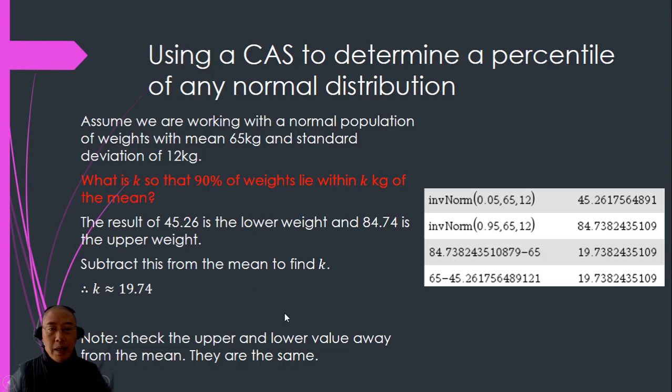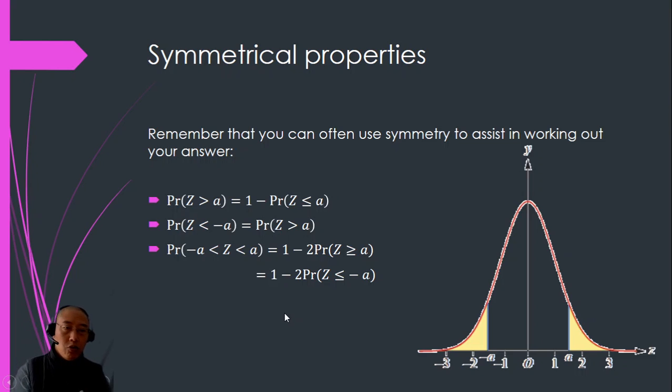All right. Now, a few more properties you need to remember that are symmetrical properties for a normal distribution. So here, when you have your normal distribution, this is a standard normal distribution, as the mean is 0, and every unit will represent a standard deviation. Now, the probability of z greater than a is equal to 1 minus the complement, so it's going to be 1 minus the probability of z less than or equal to a.